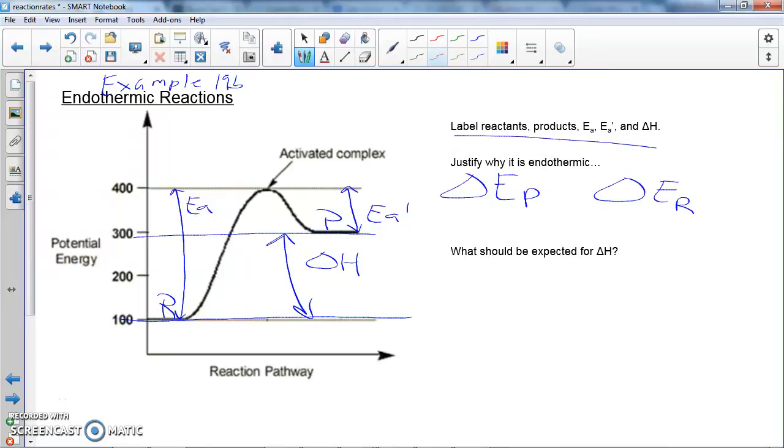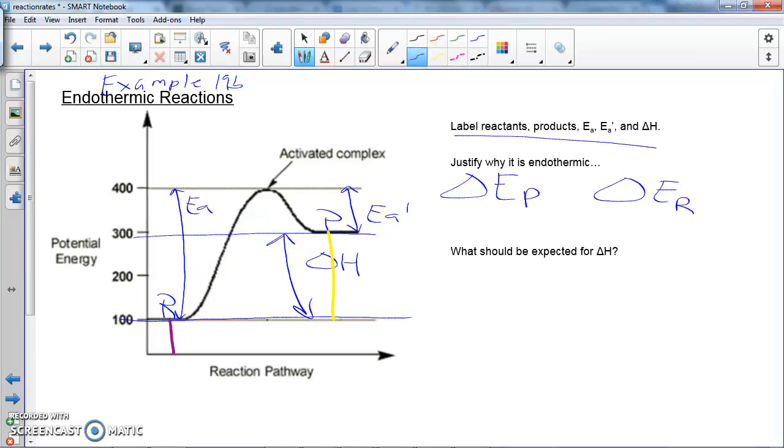So I've labeled my 5 parts. I can look at the change in energy of the 2 pieces. Change in the products is this much. Go back to the 2-color system, change in the reactants that much.